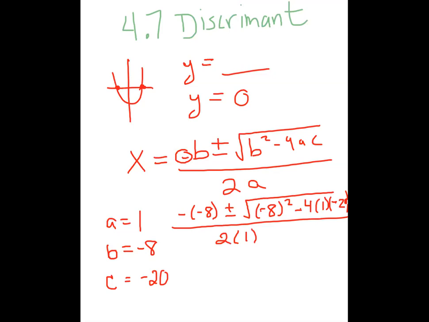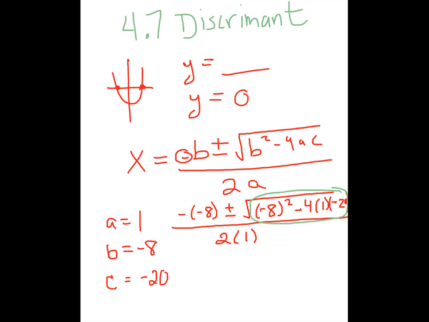Now, most importantly, whatever the inside of this part of the formula comes out to be, we need to know what that is. So if you separately go to your calculator and type in (-8) squared minus 4 times 1 times -20, you should get 144.